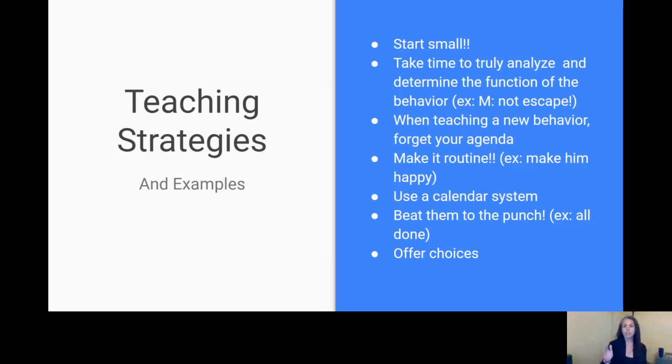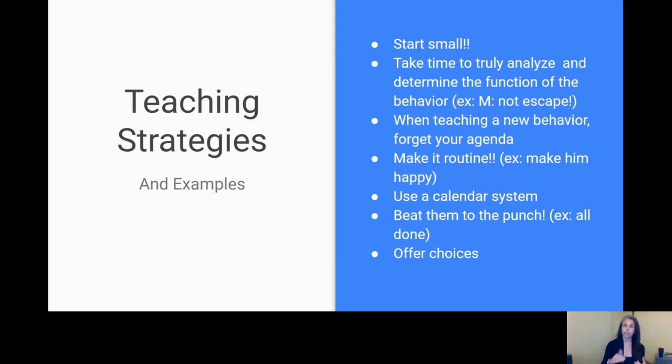So what I needed to do was shape that behavior. Forget my big picture of her wanting to sit in her chair. I had to shape the behavior to meet her agenda and teach her another way to communicate the same thing and obtain the same thing. So I had to step back and watch.